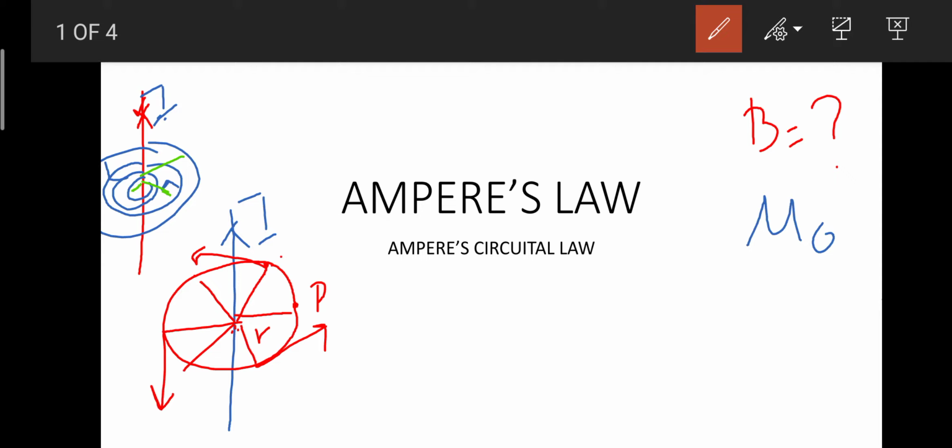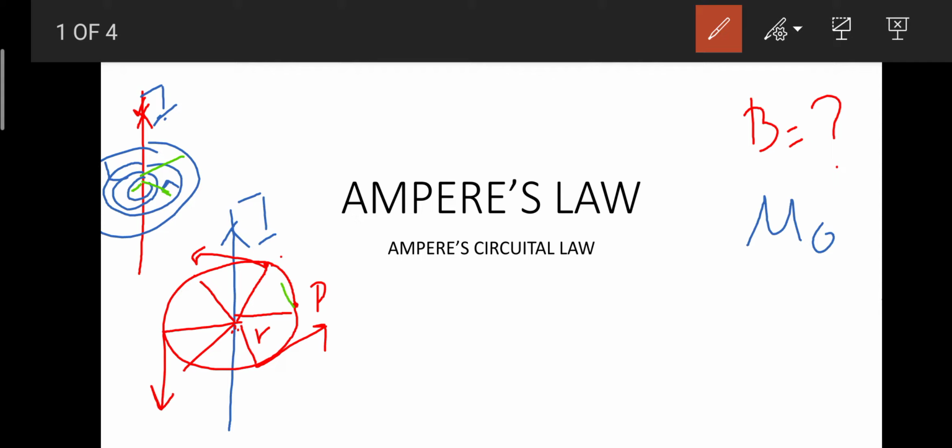Now the second condition of our Amperian loop has been satisfied in this circular Amperian loop. Third point for Ampere's law: for the Amperian loop, it concerns B and dL, that is the length element. What is the length element? Let me explain that first.